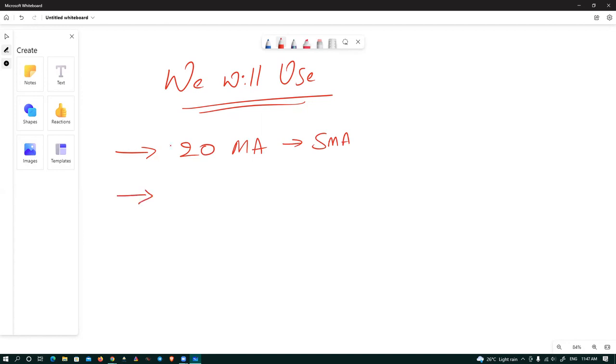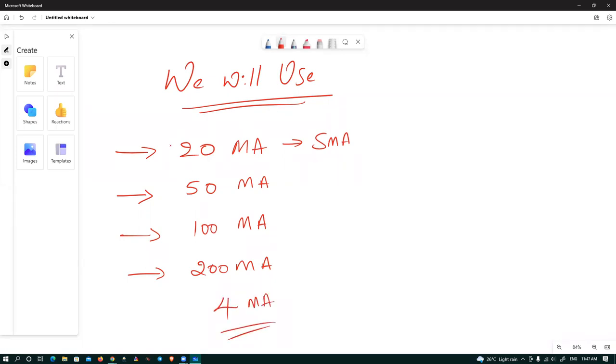We are going to use simple moving average with the value 50. We also use 100 moving average. We also use 200 moving average. So we are going to use 4 different moving averages to find out dynamic supports and dynamic resistances.